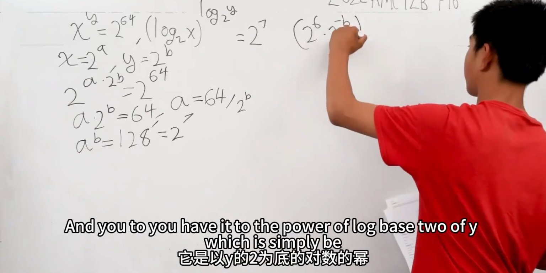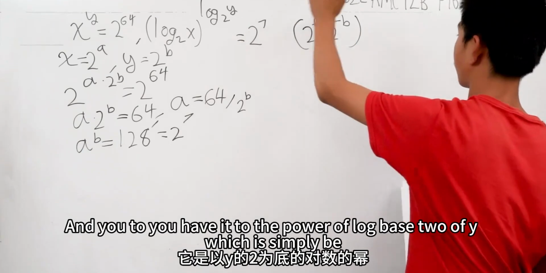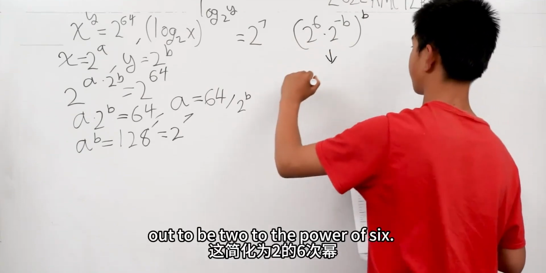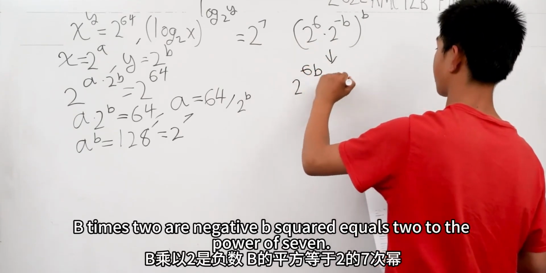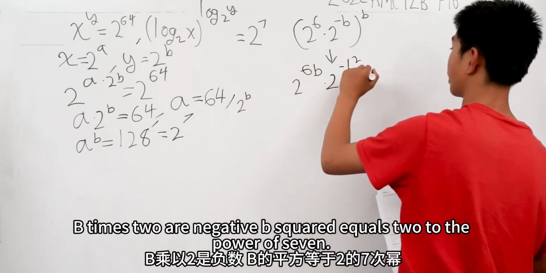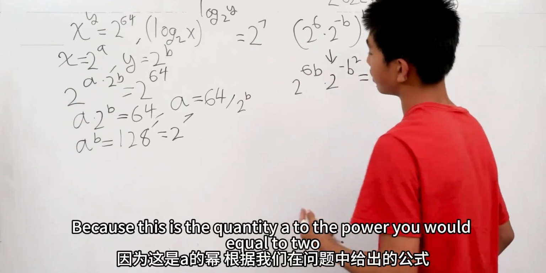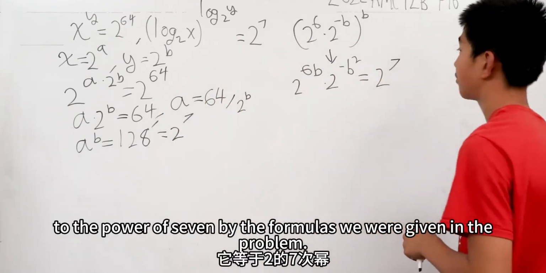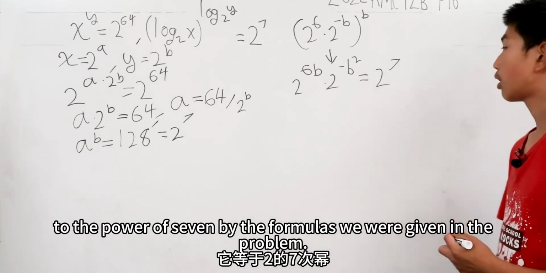And you have it to the power of log base 2 of y, which is simply b. This simplifies to 2 to the power of 6b times 2 to the power of negative b squared equals 2 to the power of 7, because this is the quantity a to the power of b, which is equal to 2 to the power of 7 by the formulas we were given in the problem.